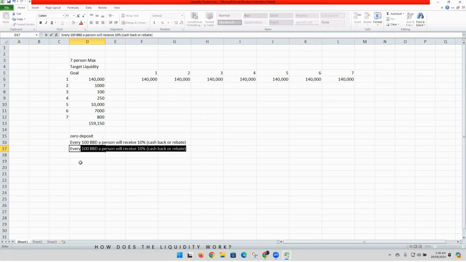Also, there's another thing. Every time the pool refreshes, a person receives 25% of their deposit over and over. So work it out.